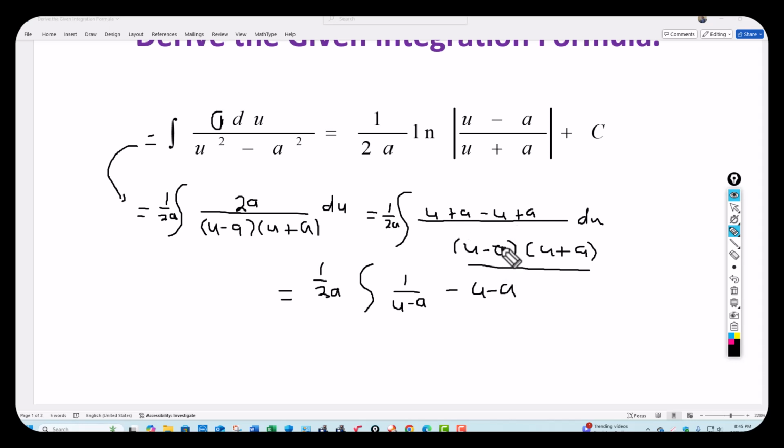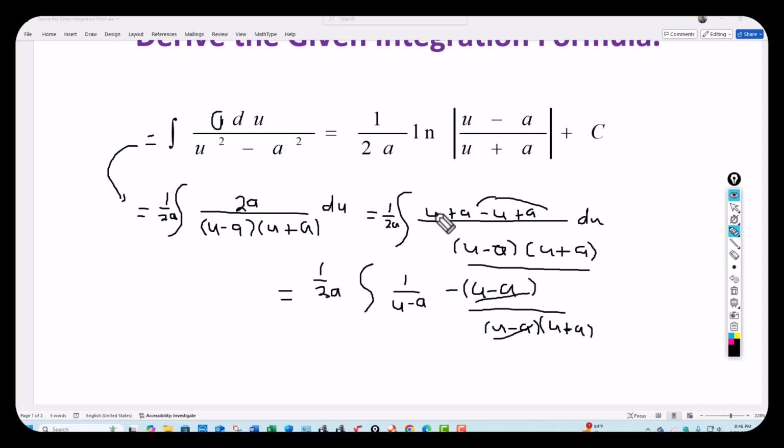And then in the next one, took this part right here, factored out minus 1, and that left me with u minus a in the numerator, and u minus a and u plus a in the denominator. And notice u minus a and u minus a canceled. That left me with 1 over u plus a.